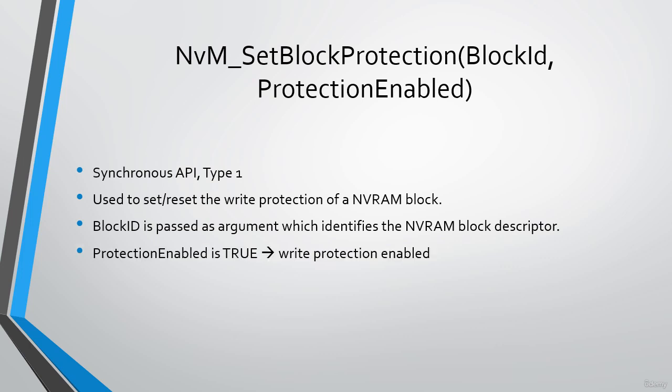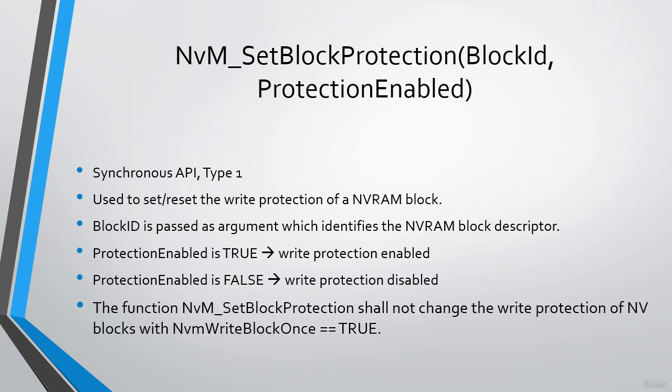Now, if the second parameter, protection enabled, is true, it means that write protection is enabled for that block. Similarly, if protection enabled is false, then write protection is disabled. This function NVM set block protection shall not change the write protection of NV blocks with NVM write block once equal to true.